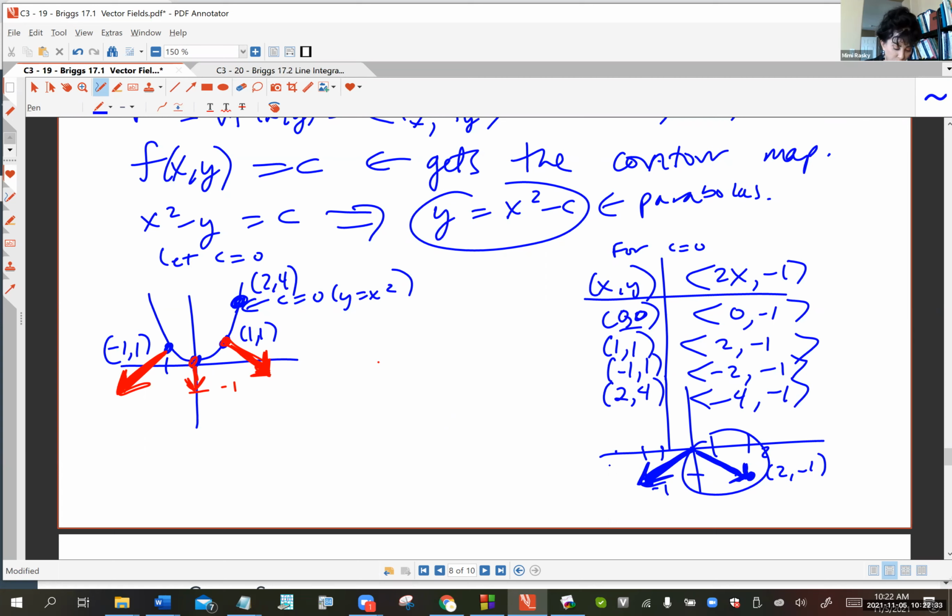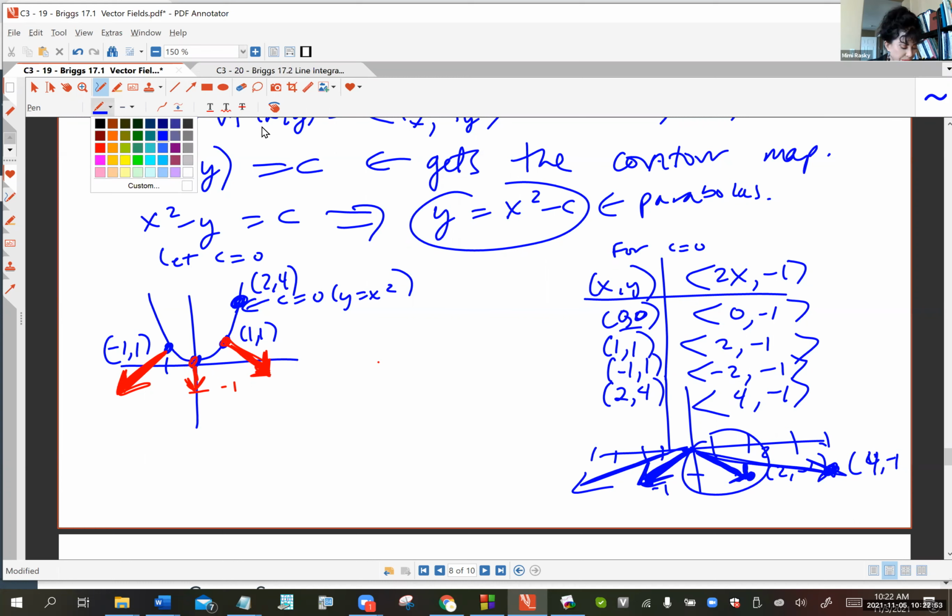Oh, excuse me, this is going to be positive 4, negative 1. So (4, -1) is going to be pointing way over here, like that. If I graph that over here, like that. Okay, so that's one graph there.